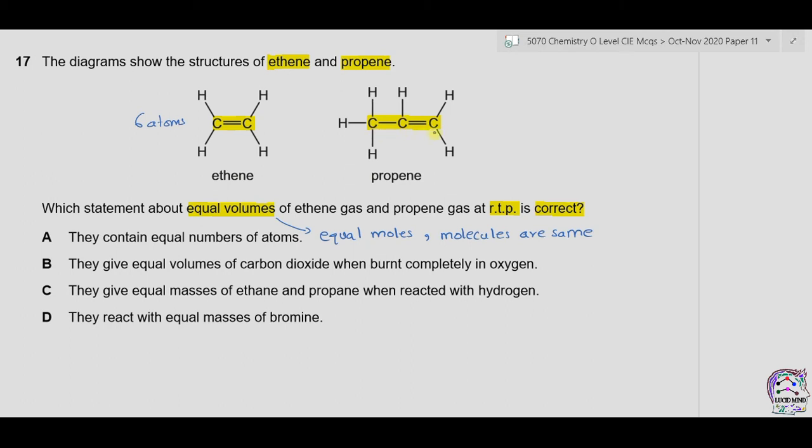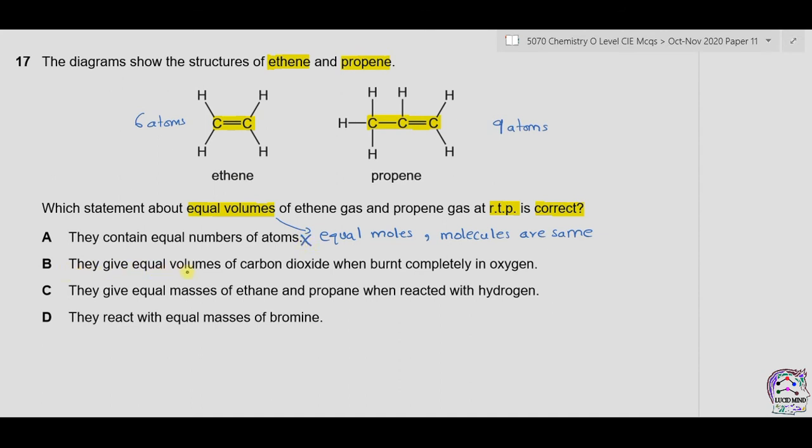While in propene there are 3 carbon atoms and 6 hydrogen atoms, so there are 9 atoms in total. If the number of molecules are equal, then the number of atoms are not equal because they have different number of atoms. So A is incorrect.